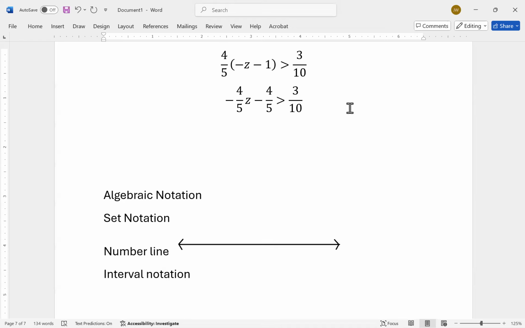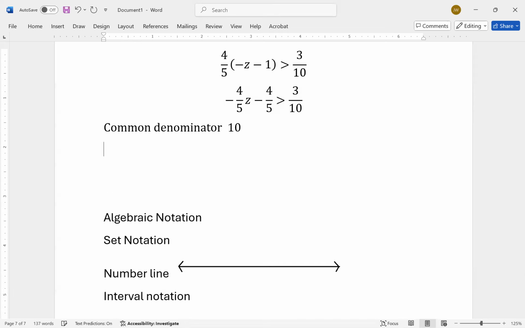Now the common denominator that I would use is the number 10 because 5, 5, and 10 all divide 10 nicely. So what I would do is I would take 10 and multiply the left-hand side of this inequality, not equation, but inequality.